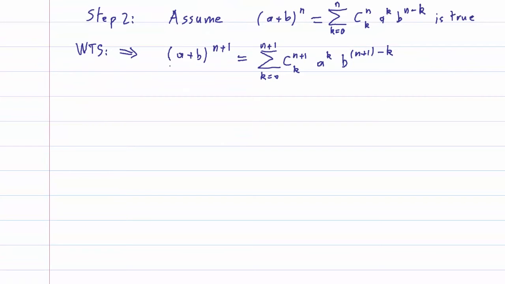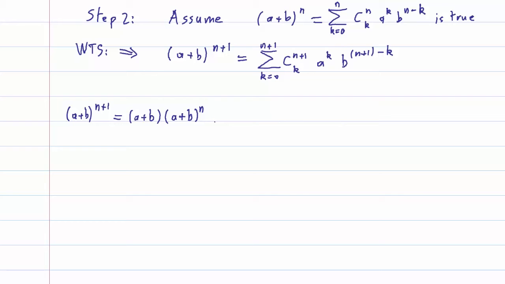So we are going to try to decompose this. So (a + b)^(n+1) is equal to (a + b) times (a + b)^n. And we know what (a + b)^n is because we have the formula here, and we assume that this formula is true.